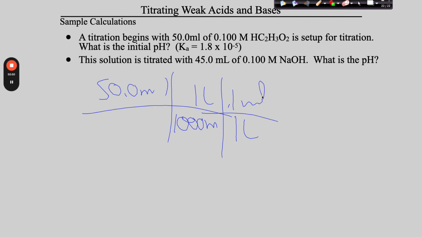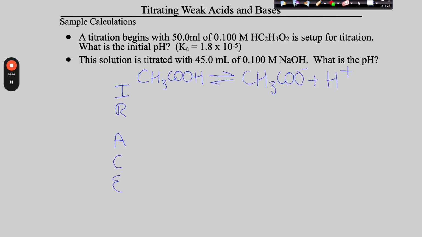That's pretty. So 50 divided by 1,000 times 0.1, so 0.005 moles. And I'm just going to be a little loose with significant digits. That's not right. It should be 3. That's only 1. It's fine.